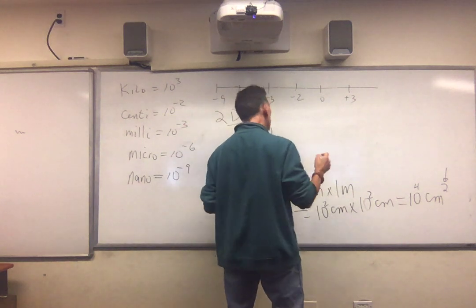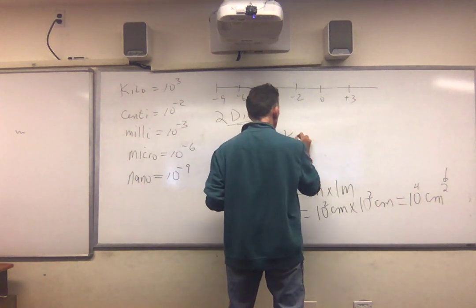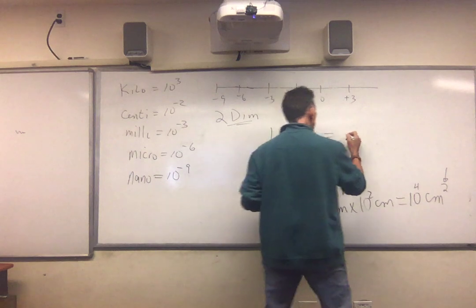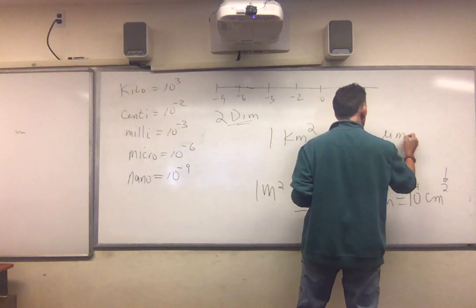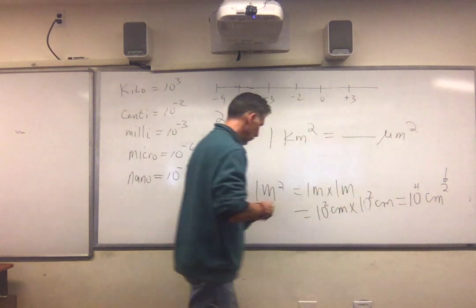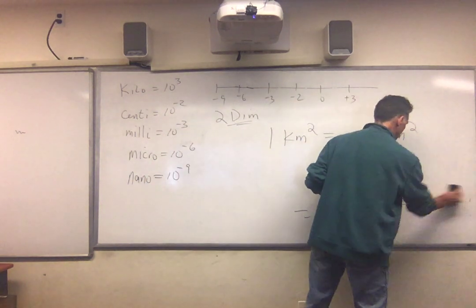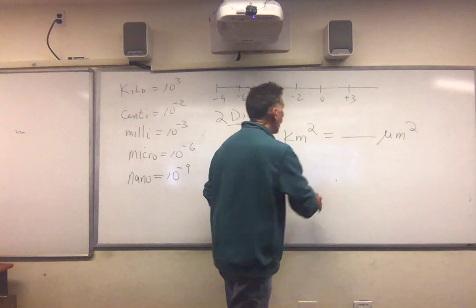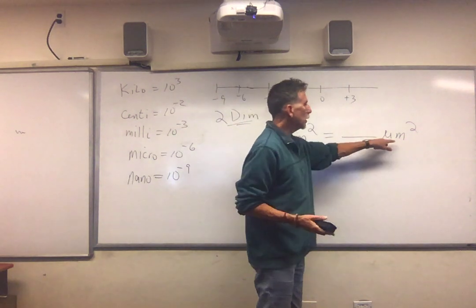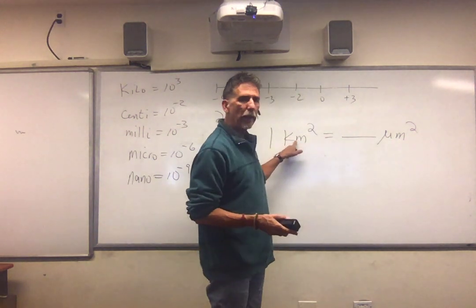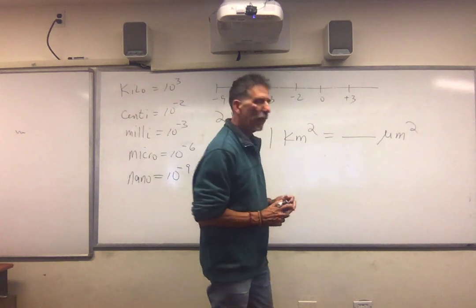1 kilometer squared is how many micrometers squared? Okay? Well, this is smaller than that. Remember, smaller is positive.